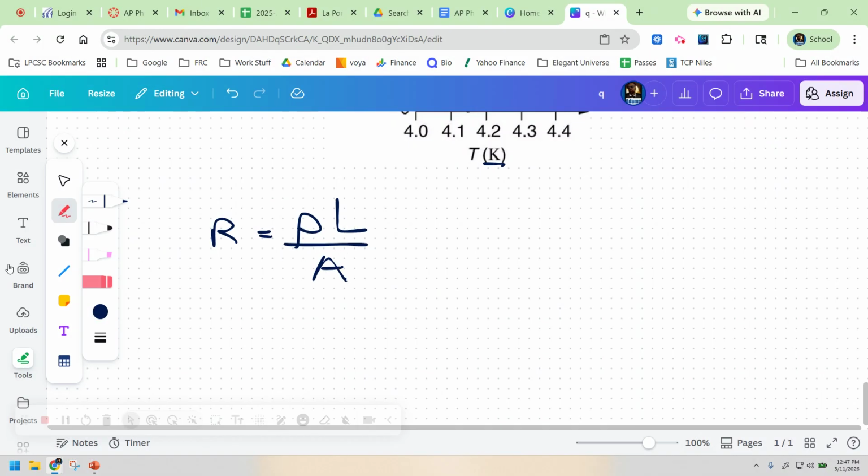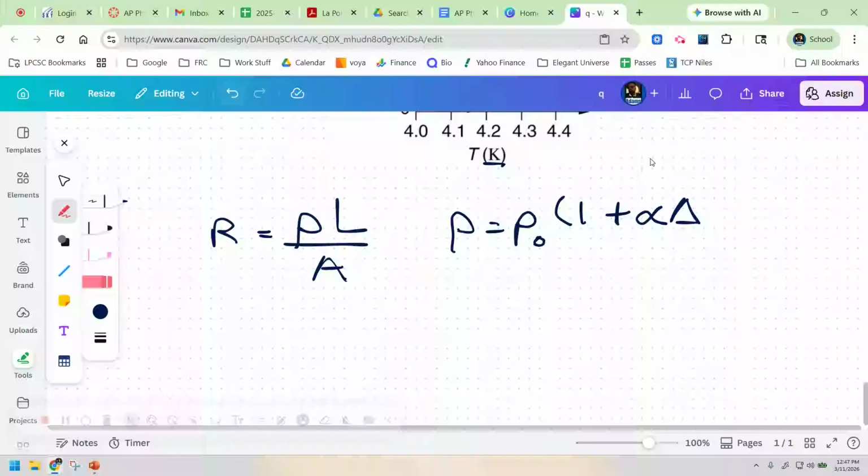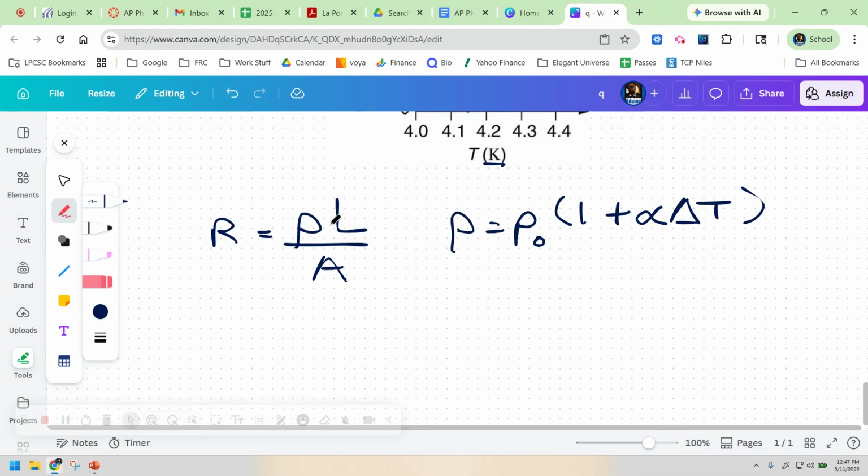So now if I take rho initial times 1 plus alpha times delta t, and I take this equation here and I solve for rho, we get that rho is equal to R A over L. So then I could take that and plug that in for this over here.